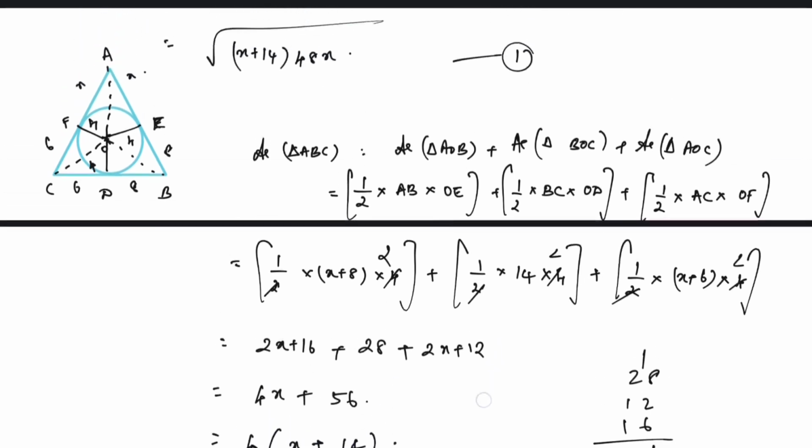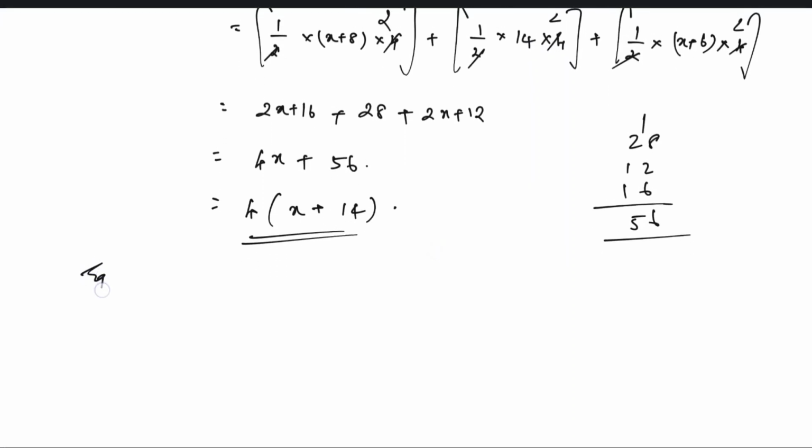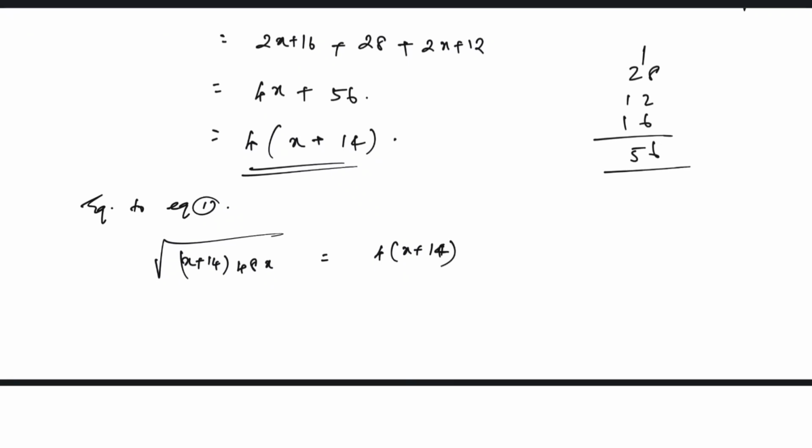We can equate this to equation 1, the area received using Heron's formula. Equating to equation 1, we get root of x plus 14 into 48x is equal to 4 into x plus 14. Squaring on both sides, this gets cancelled.